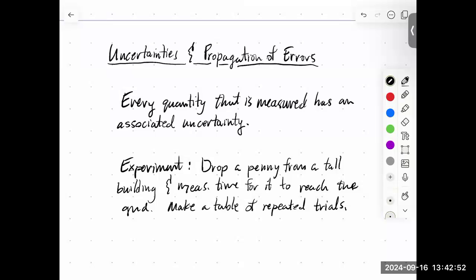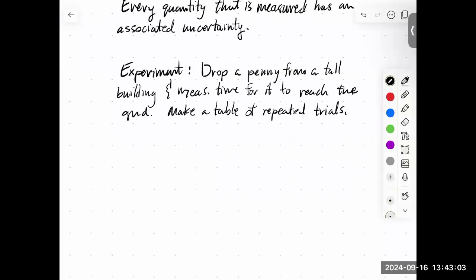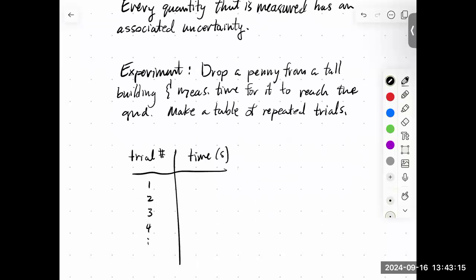That's when you start your timer, and when you hear the coin hit the ground, you stop your timer, and then we'll record that time. And then you do the measurements, and every time you do a trial, you're gonna get a slightly different result. So it would be 1, 2, 3, 4, up to n trials or something like that.